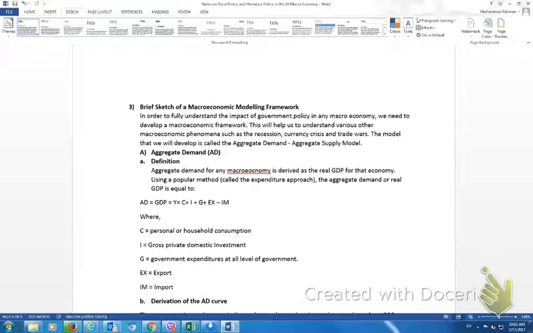This is the money that you and I spend. I is gross private investment, which is expenditures made by firms. G is government expenditure at all levels of government, something that we have talked about before. EX is export and IM is import.